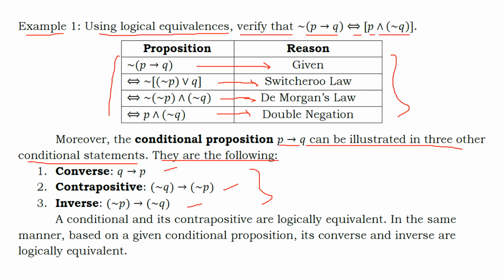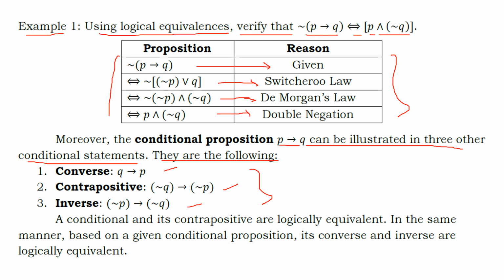Now, what we see from this example is that a conditional statement has the same truth value as its contrapositive. So we say that these two statements are logically equivalent. We also see the conditional statement is not logically equivalent to its converse and inverse.